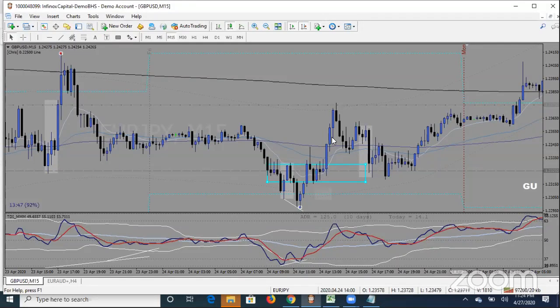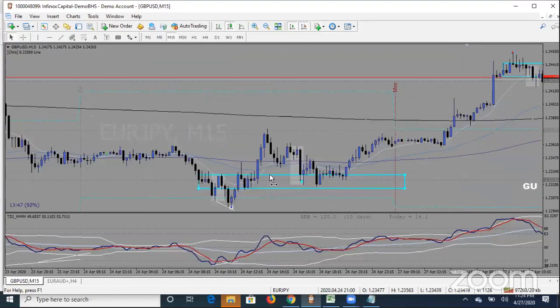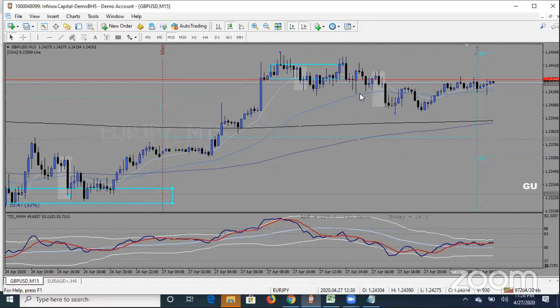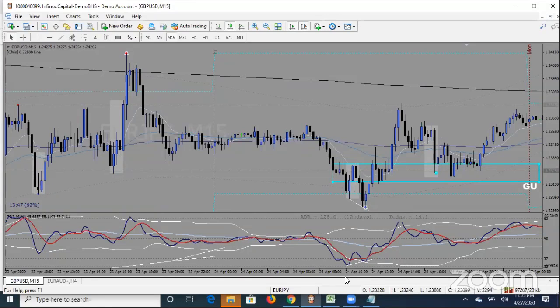When price closes above it, we are buyers from that point. So price played along a little, but eventually rallied to the top. So those are the things we look at. We look at divergence, we look at shark fin if we want to take our trade off the 15 minutes.